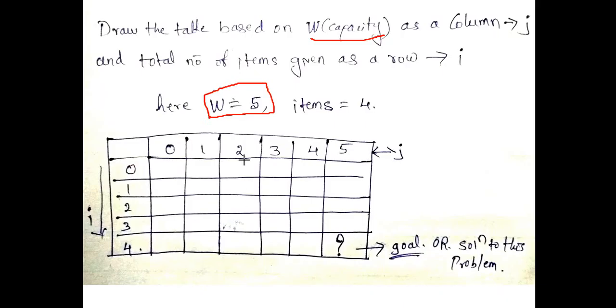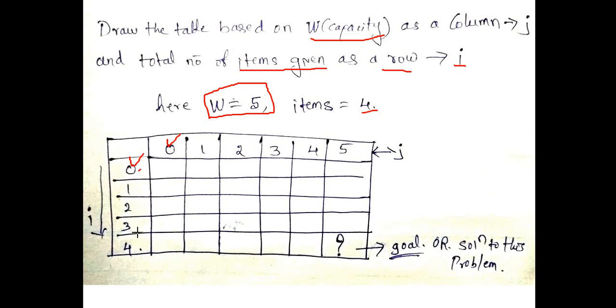Then the total number of items is given as rows i. Items is how many? 4. So you have to write items 0, 1, 2, 3, 4 in rows, and the capacity 5 you have to write as columns, and it should always start with 0.